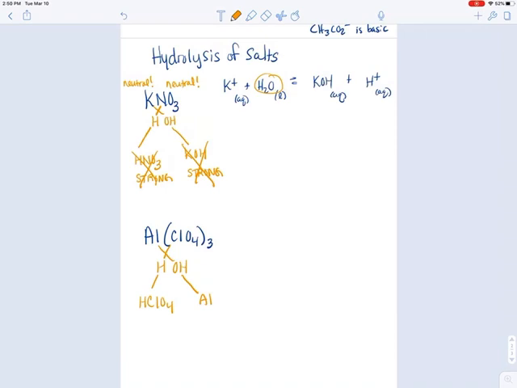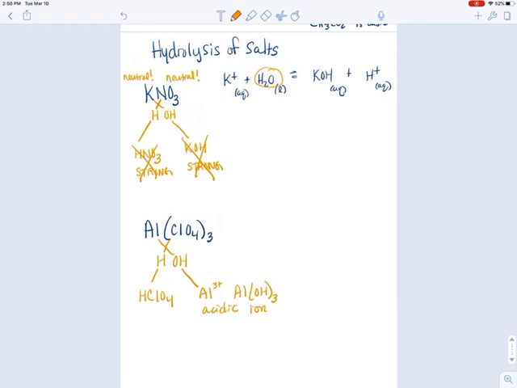Remember that small metals with large charge. So you might have predicted something like AlOH3, right? But you want to look at that as Al3+. Aluminum 3+ is an acidic ion. It's a small ion with high charge, okay?